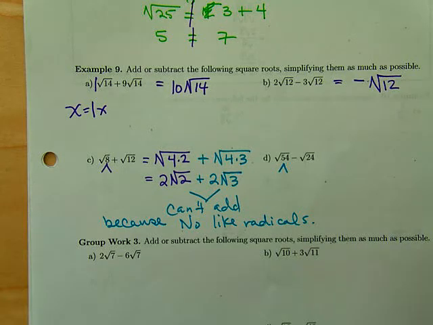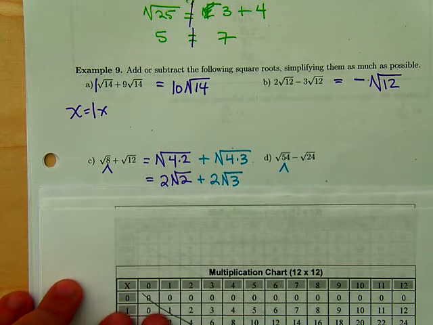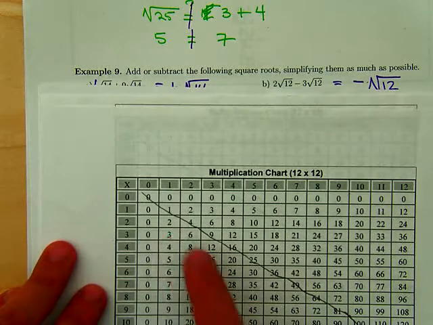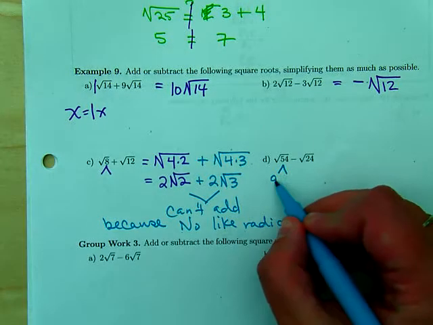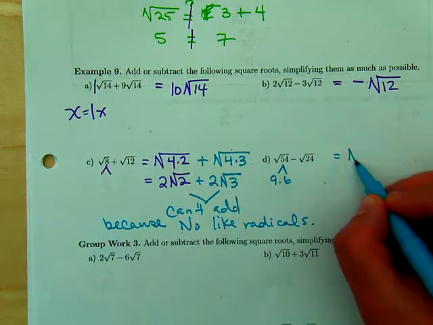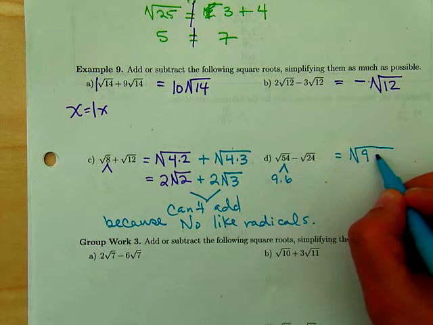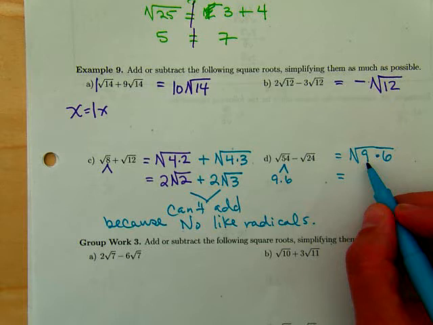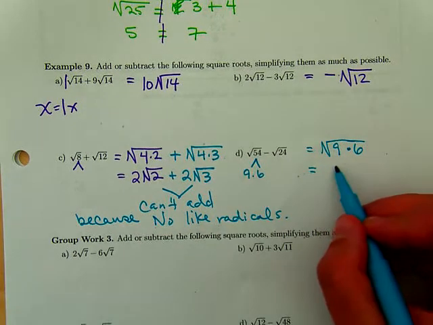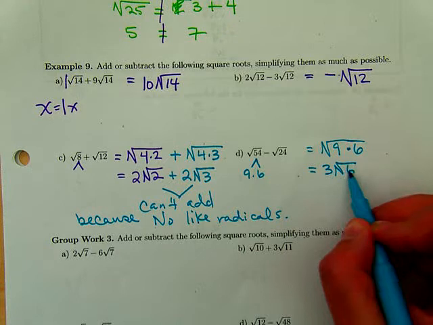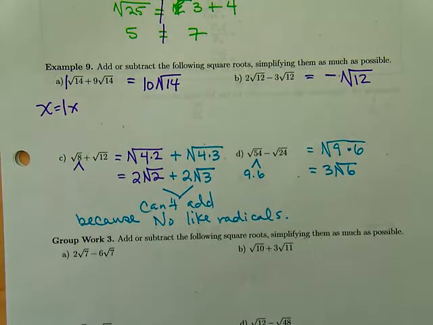And you might even start to look at your times table chart and think about, okay, which one of these perfect squares could divide evenly into 54? 9, yes, 9 times 6. So this is the square root of 9 times 6. And how will that simplify? Just the first one. 3 radical 6. No other perfect squares inside 6, right?